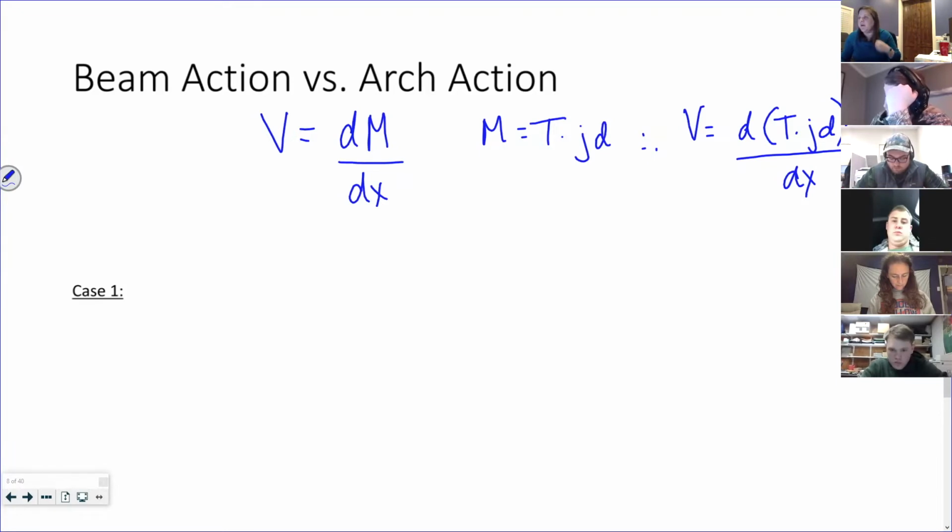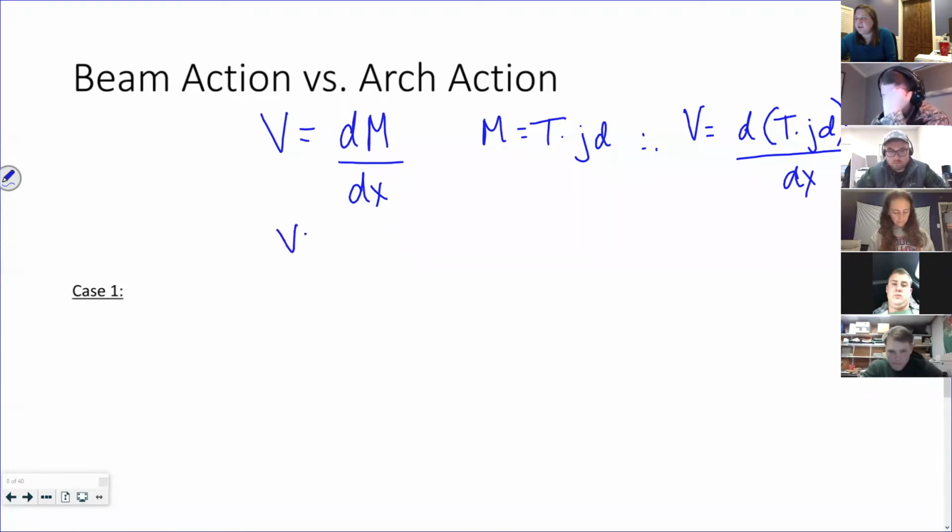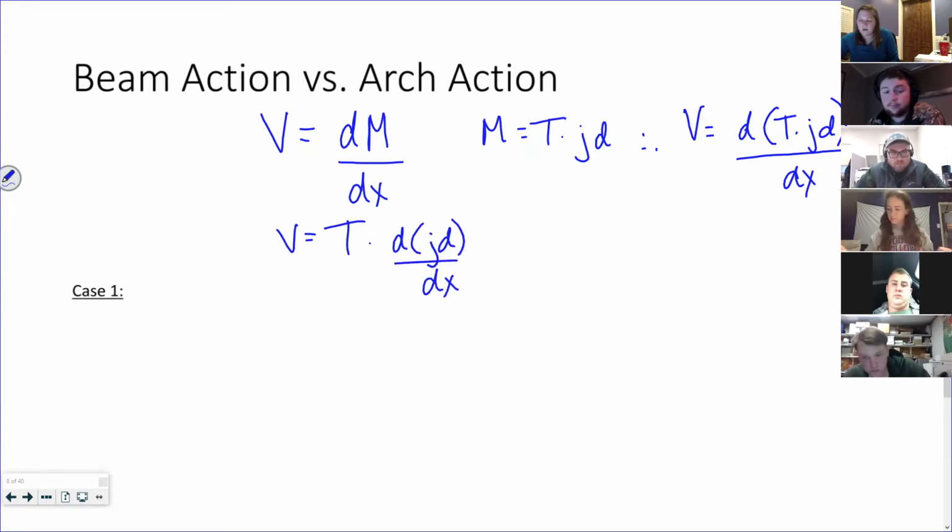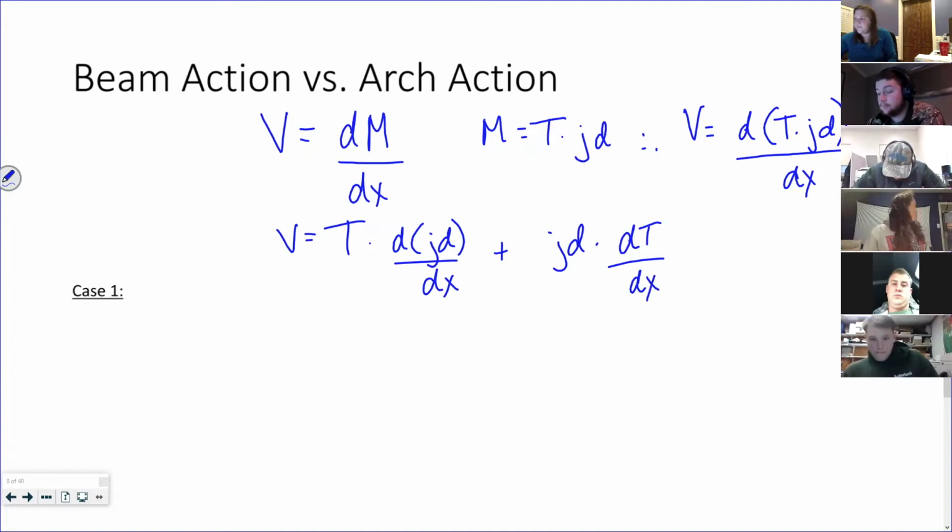If you remember Calc 101, if I take the derivative of two things that are multiplied, I get the first times the derivative of the second, plus the second times the derivative of the first.